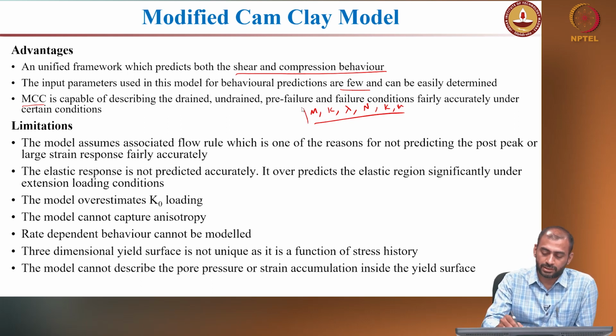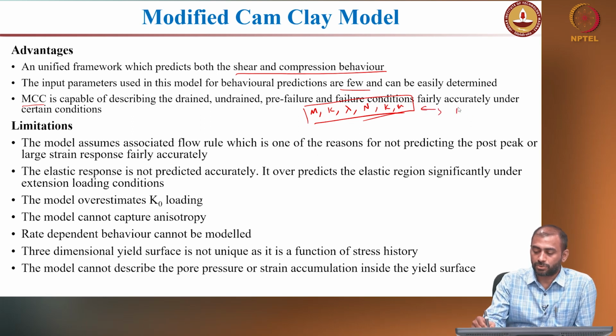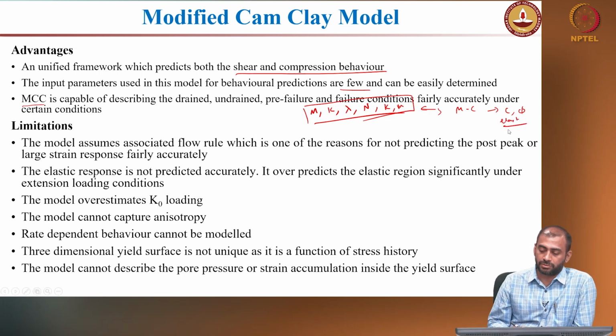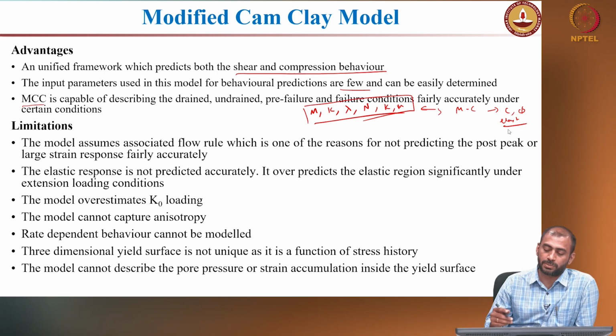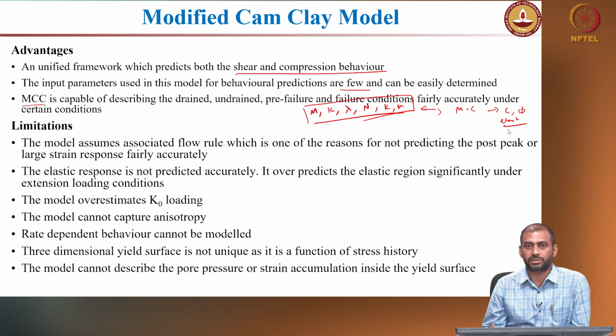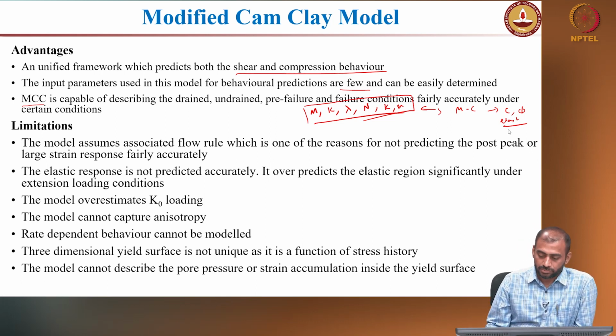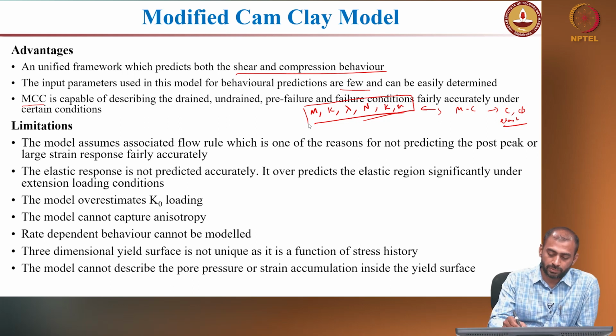Of course, this is higher than your traditional Mohr-Coulomb model, where you need to know C, phi and elastic parameters, right. So, you need fewer parameters in the Mohr-Coulomb model, but that does not predict your material response better. So, that is why you are going with the modified Camp-Clay model.